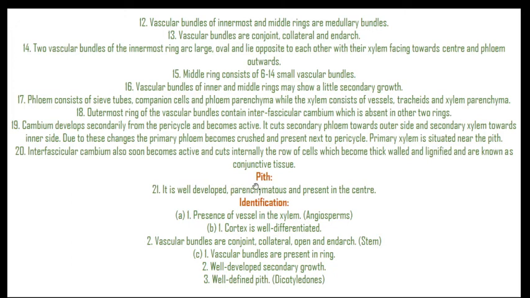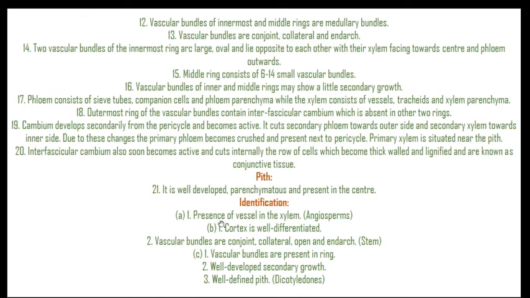Likewise, there is a development of pith, which is well developed, parenchymatous and present in the center, and also holds many secondary metabolites within it. Some most important characters are listed over here, which are a remarkable identification in case of this anomalous growth.